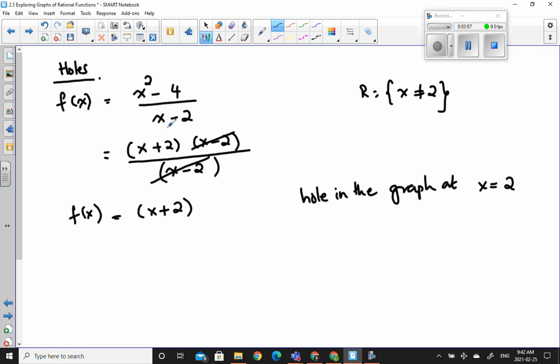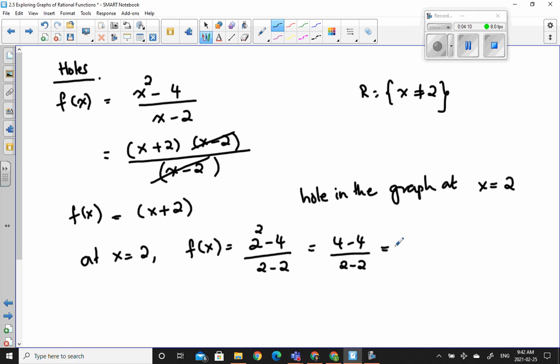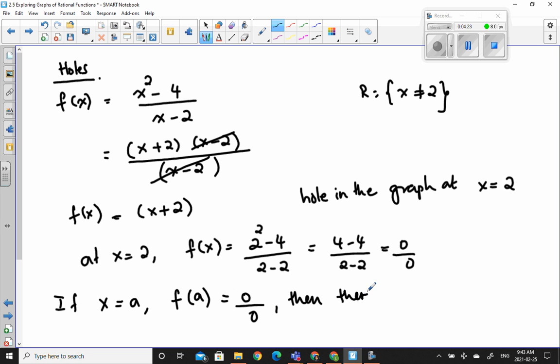I know that because if I give the value of x equals 2 in this function, the function becomes 2 squared minus 4 divided by 2 minus 2, which is 4 minus 4 over 2 minus 2, which is 0 over 0. So if at, say, x equals a certain value, f of a becomes 0 over 0, then there is a hole at x equals a.